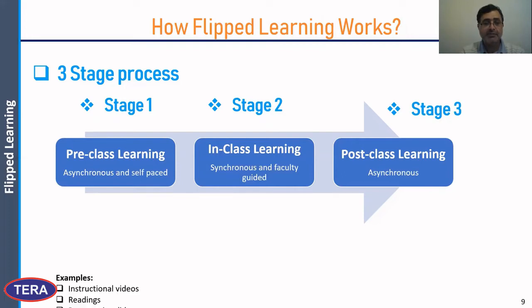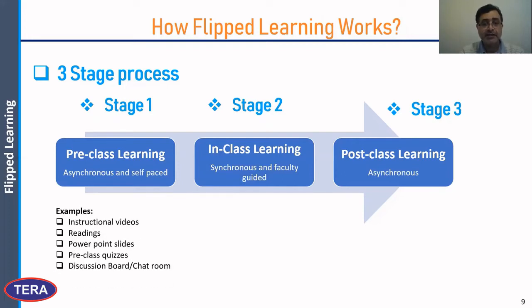Some examples of these tasks are instructional videos, readings, PowerPoint slides, pre-class quizzes, discussion boards, and chat rooms. This offloaded content is aimed to provide mobility to students' learning by enabling them to have access to learning resources anywhere, anytime, and with various devices at their own pace before the actual class time.